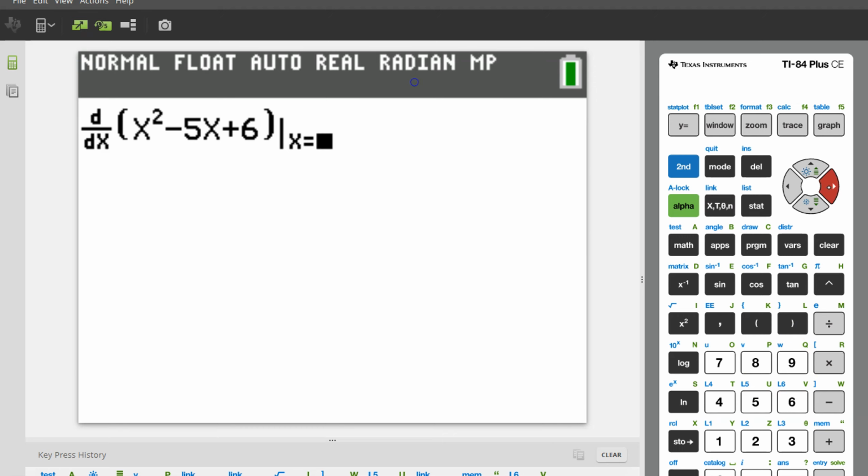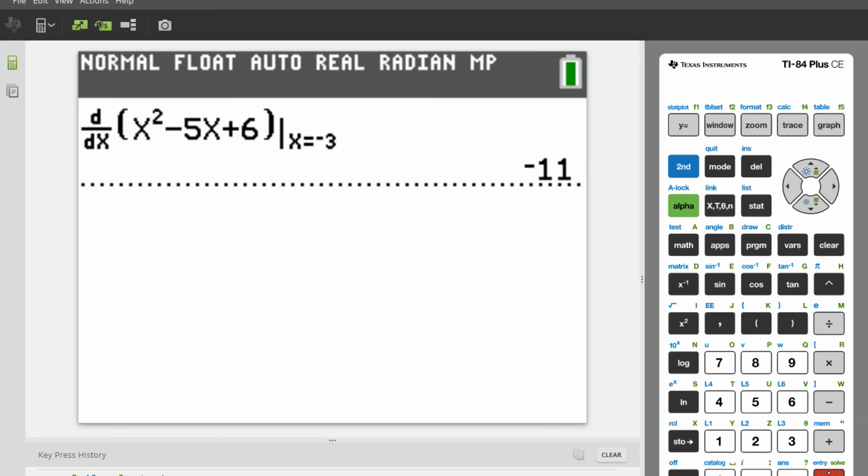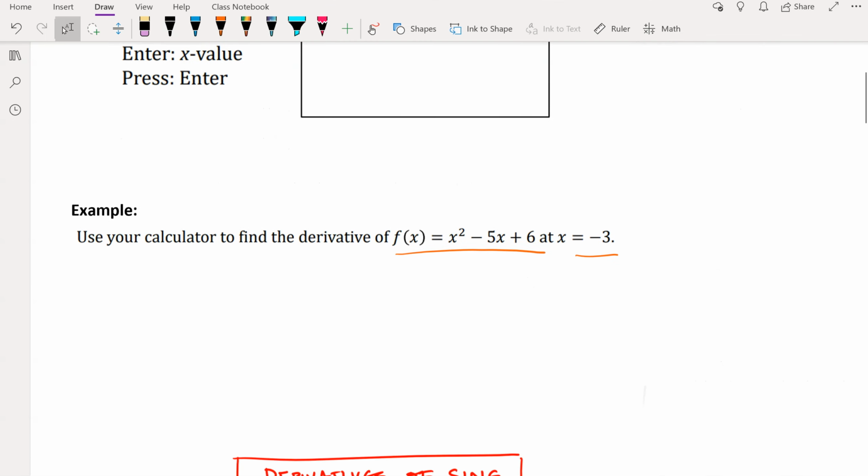And then we're trying to find this derivative at x equals -3. So I'm going to press negative, and remember the negative sign is not the same as the minus sign, -3, and then press enter. And it gives us the answer, -11. It's as easy as that. So that is how you find the derivative on a calculator.